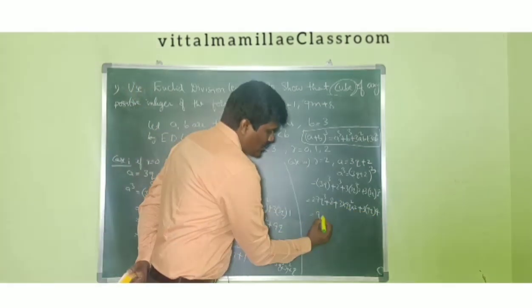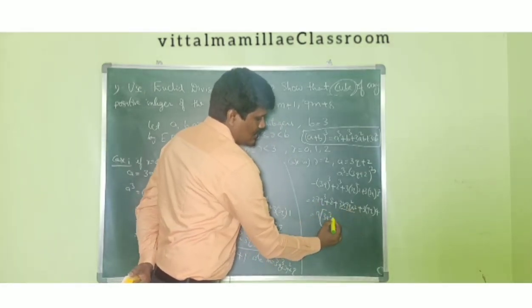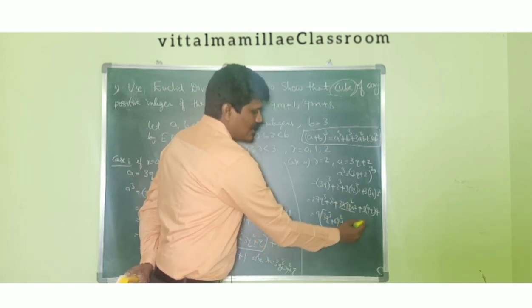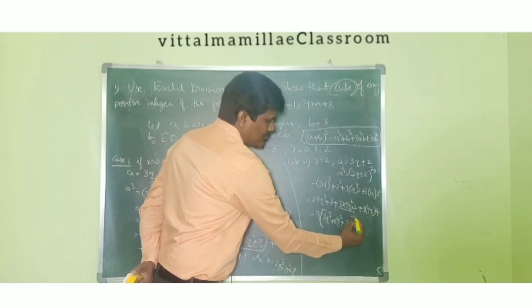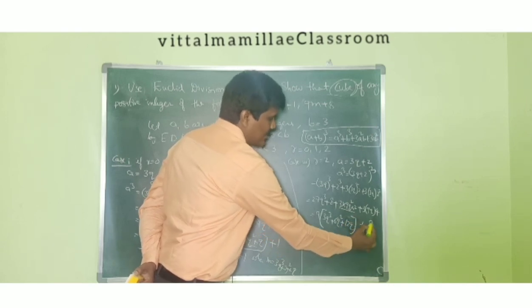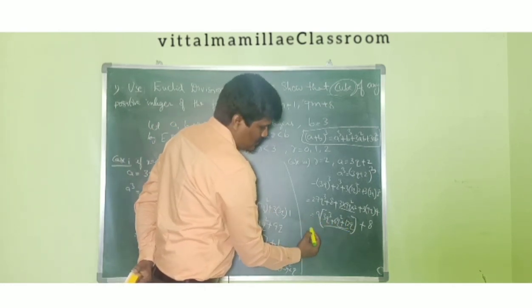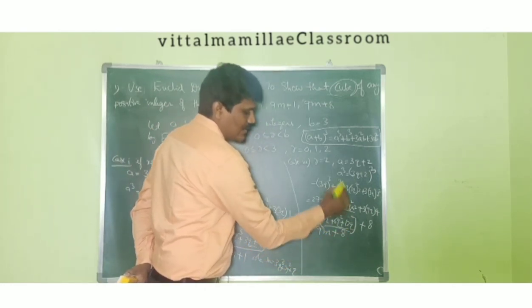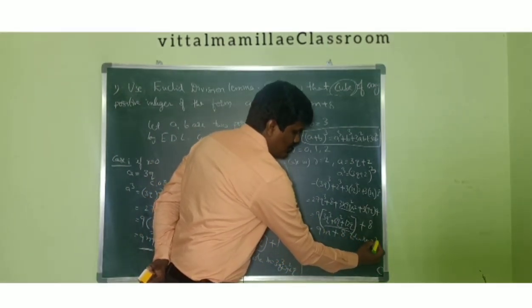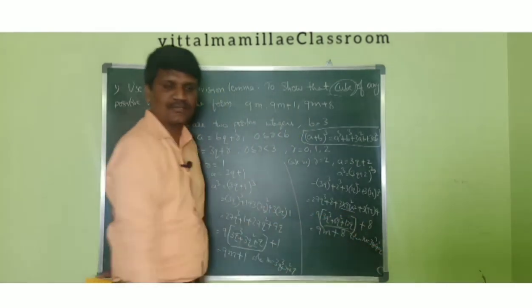If you take 9 as common, from here 3q cube will remain. From this, if I take 9 common, 3 into 2, 6q square remains, plus 3q into 4, so 12q, plus 8. Now I should suppose this as m. So 9m plus 8, where m is equal to 3q cube plus 6q square plus 12q. So this total will be your m.